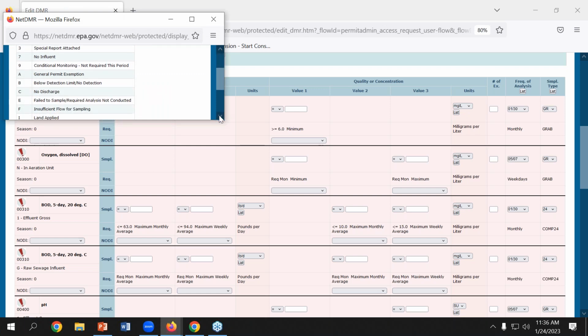From time to time, you'll run into situations where you're not able to input an actual number. For example, some of the more common entries in NODI: NODI-B. In this particular instance, NODI-B would be what we enter for our E. coli, because the level reported by the lab was below detection.